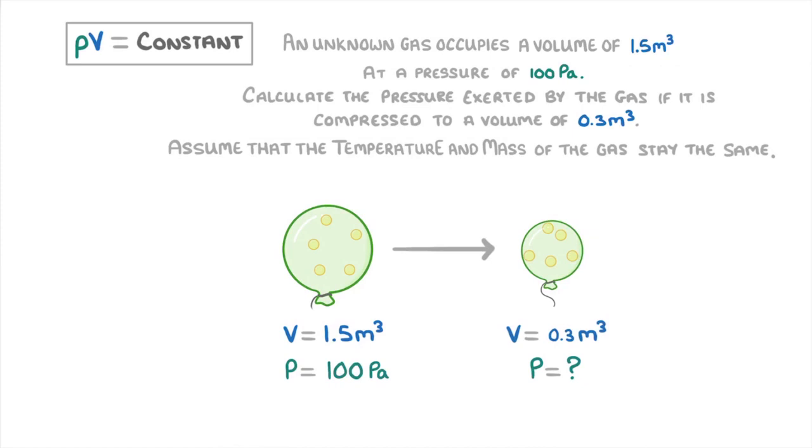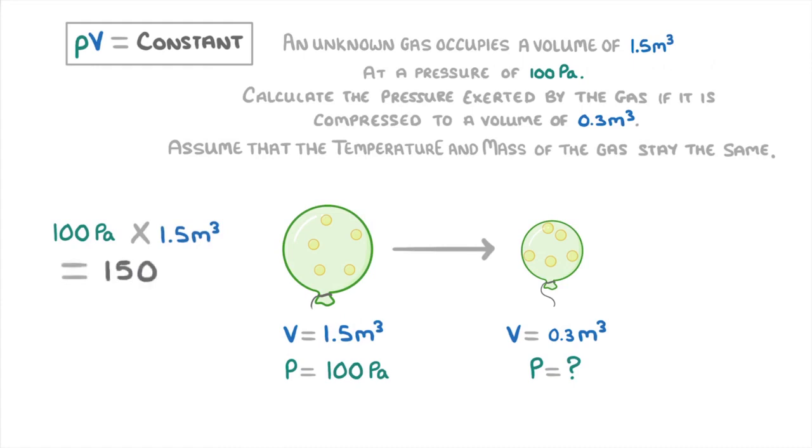So if we take our equation, PV equals constant, we can figure out the constant for the first gas sample by taking the pressure of 100 pascals and multiplying it by the volume of 1.5 meters cubed, which gives us a constant of 150.